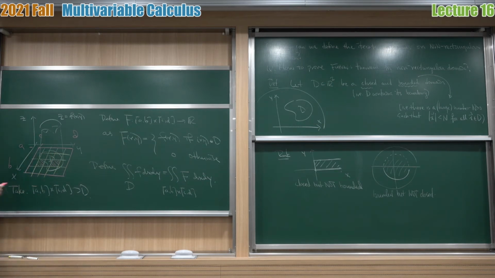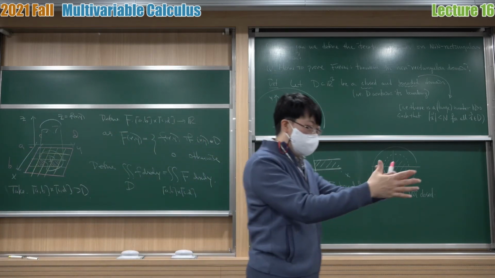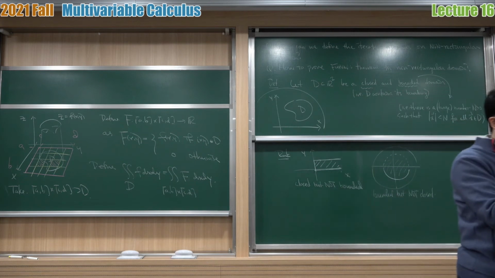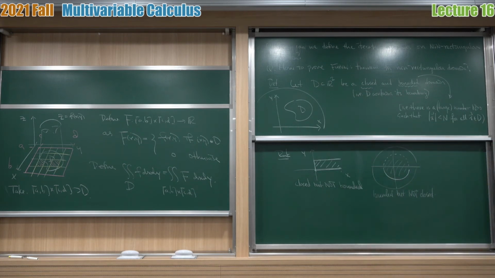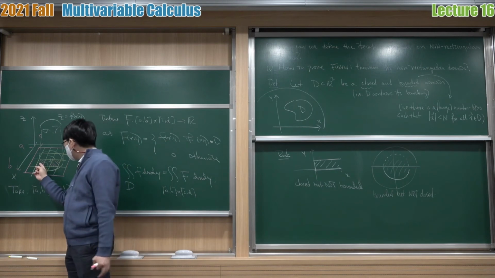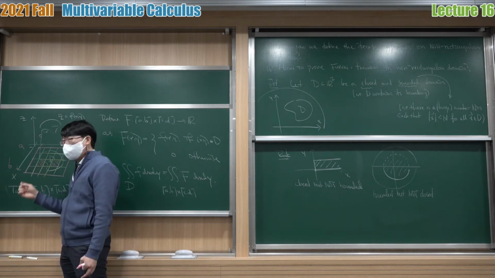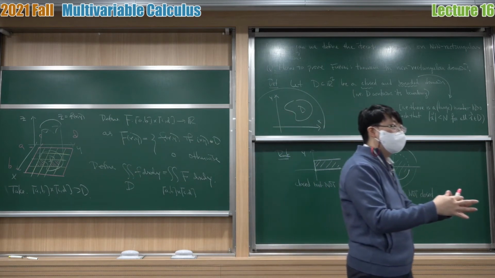But if you keep increasing the number of subdivisions, then these small rectangles on this rectangular region get smaller and smaller. So the error that you get by choosing the point inside or outside of D goes to 0, right?